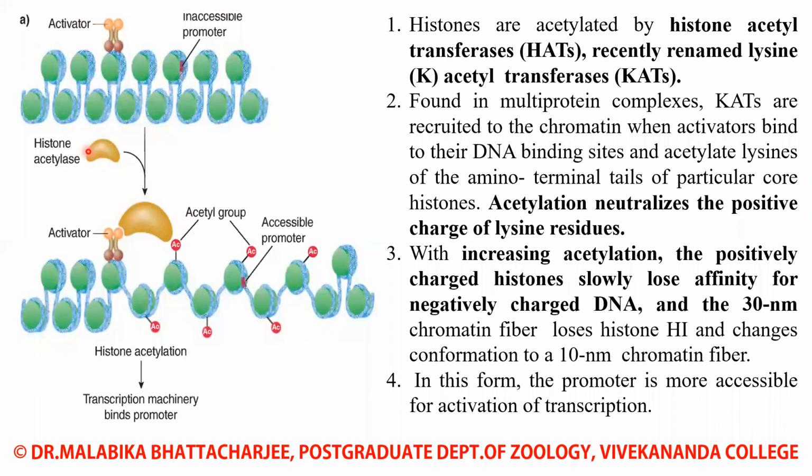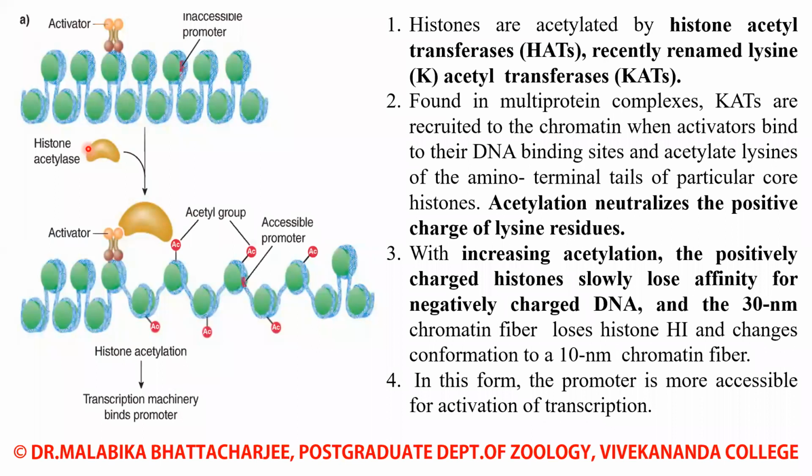Since the modifications are not inherited through sequences, the modifications actually modify the structural conformation, the structural orientation of the DNA when it is wrapped around the nucleus. So these modifications are called epigenetic changes.